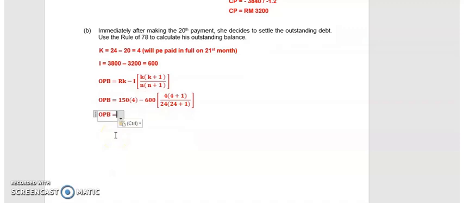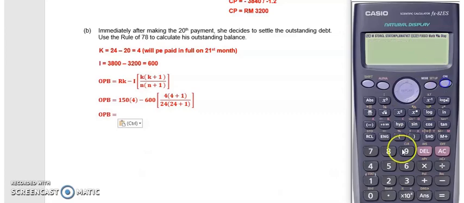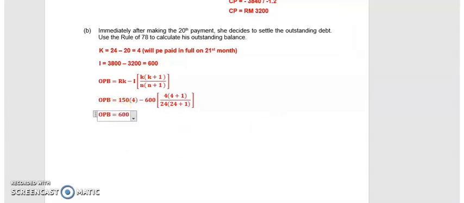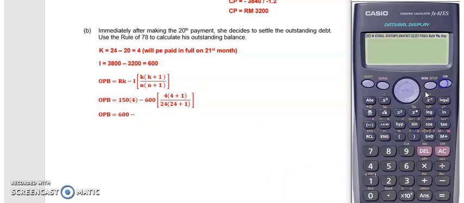So OPB here equal to 150 multiplied by 4. So every month we need to pay 150, right? If multiplied by 4, another 4 months, actually we need to pay another 600 ringgit. Okay, since we decide to settle earlier, we as a customer will get a rebate. So this is the amount of rebate. So what is the amount of rebate? Calculate the value in the bracket first.